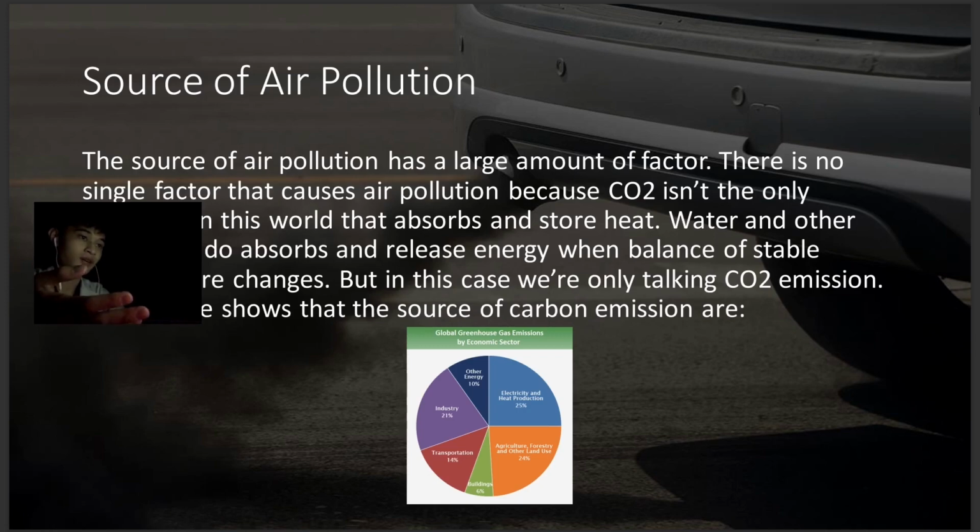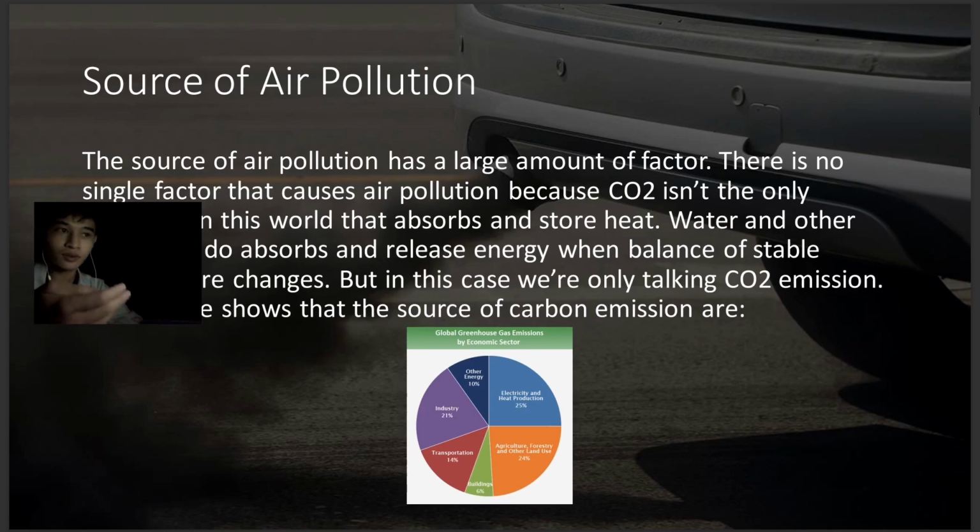In the picture below, you can see that carbon emissions, or greenhouse gas emissions, have been found to be 25% for electricity and heat production, and 24% for agriculture, like, as I said, the growth of animals and other growth of plants as well. Buildings are only 6%, not that much. 14% is for transportation, which is expected because of the number of cars and the amount of production and people rising.